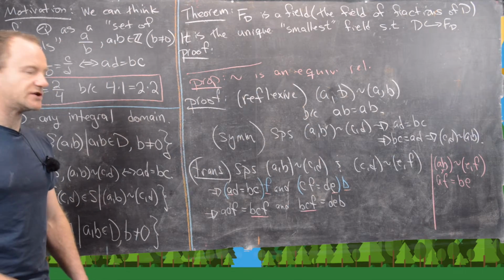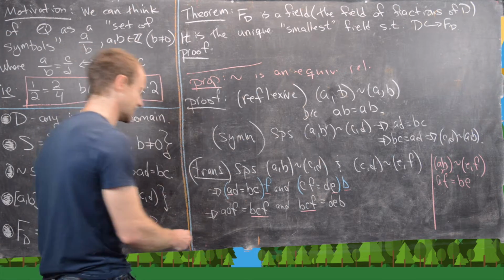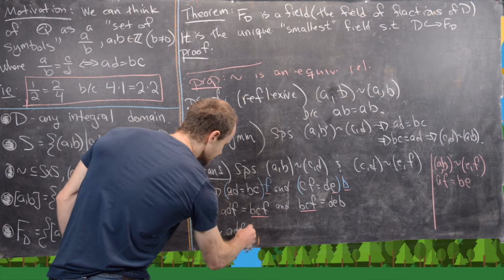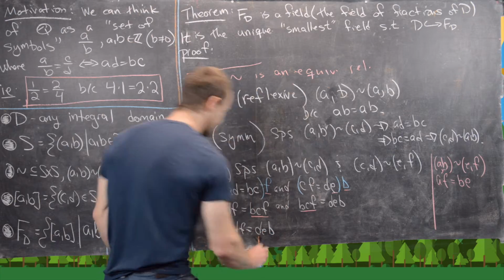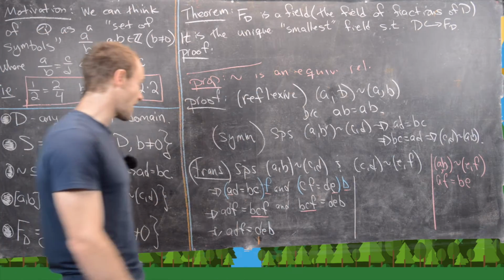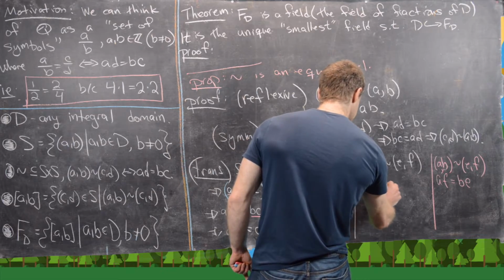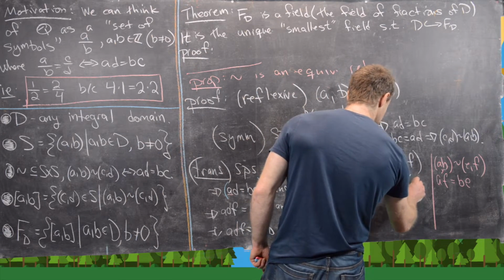So the next thing I want to do is notice that equality is an equivalence relation. So in other words, it's transitive. So that gives me that ADF equals DEB. But notice I can maybe rewrite that in the following way. I have AF times D equals BE times D.